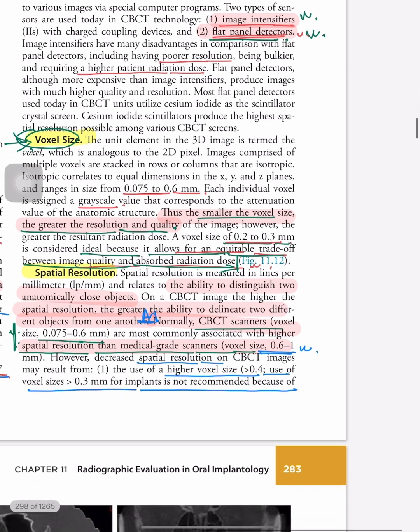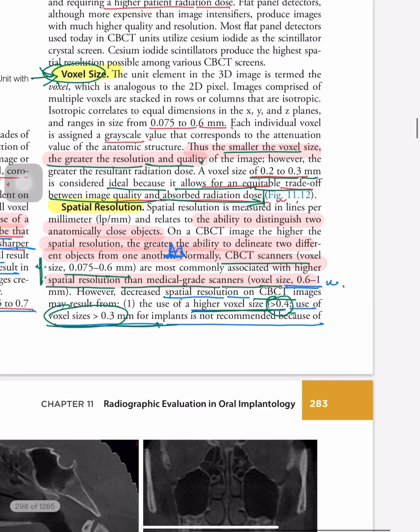However, decreased spatial resolution on CBCT images may result from the use of a higher voxel size. If we use a voxel size of more than 0.4 mm, there would be a decrease in resolution and image clarity. Ideally, voxel sizes of more than 0.3 mm are not recommended for implant planning.